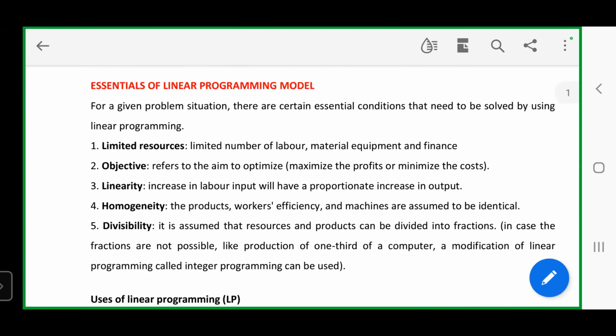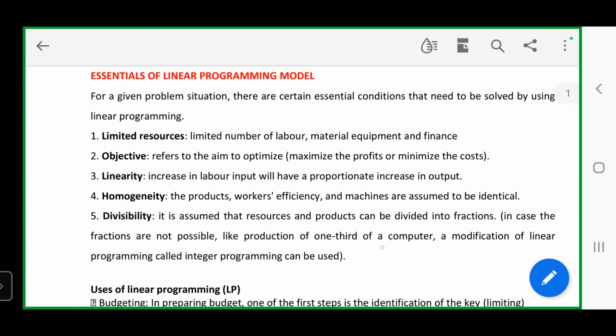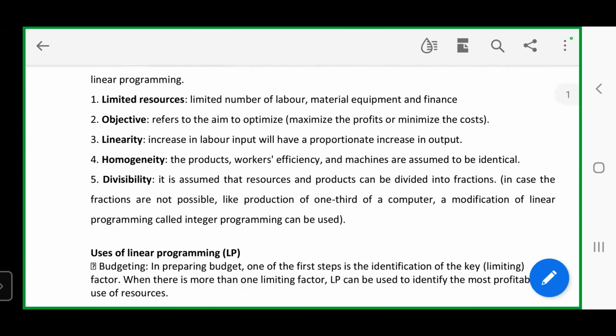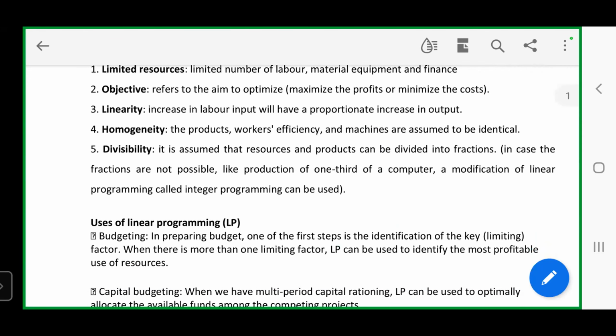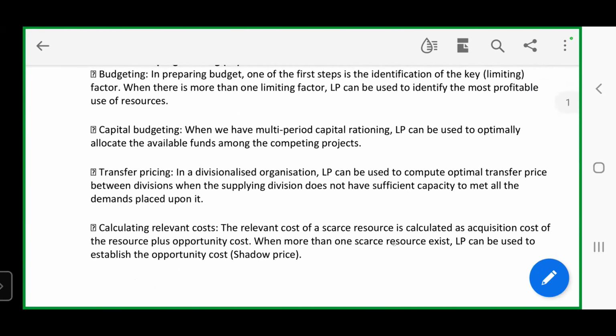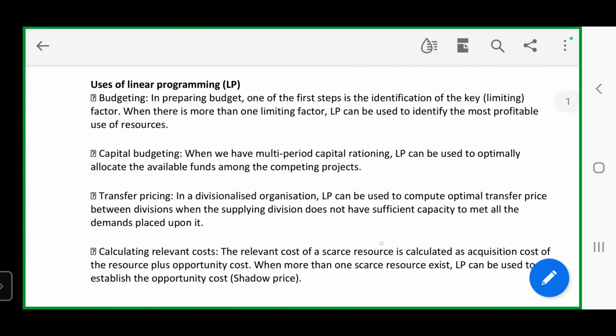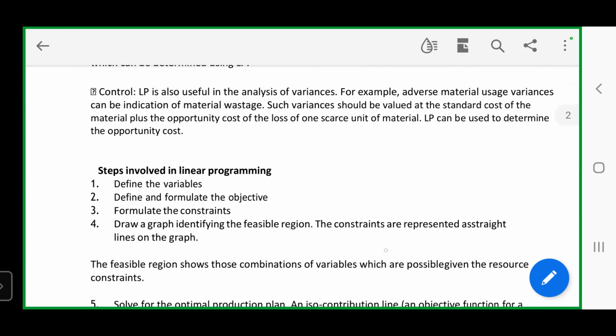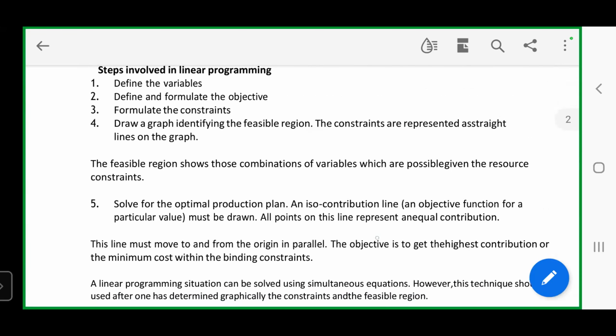We looked at the essentials of the linear programming model, which include limited resources, objectivity, linearity, homogeneity, and divisibility. We also looked at the uses of linear programming, which include budgeting, capital budgeting, transfer pricing, as well as relevant cost. And we looked at the steps involved in solving the linear programming problem, which involves stating the objective.